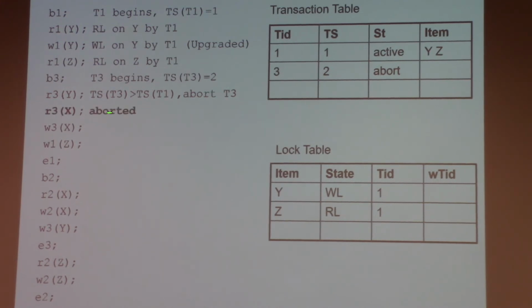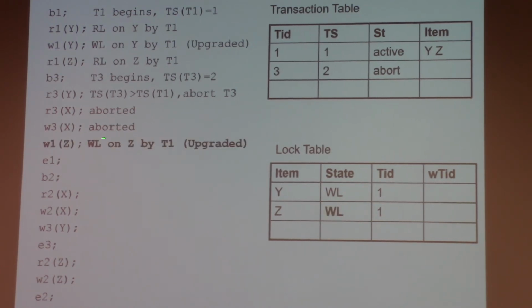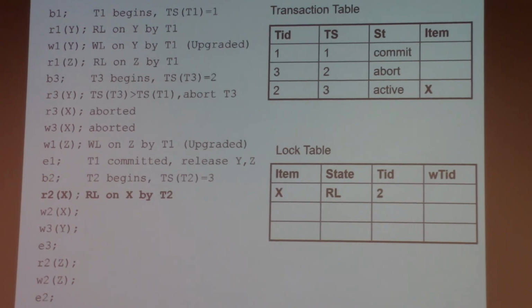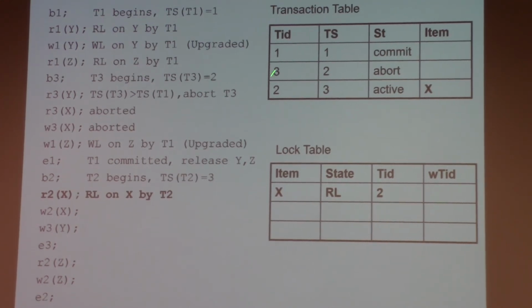Because transaction 3 is aborted, the consequent operations will be aborted automatically, and W1 might be no problem because it's the only transaction and it's committed, so you can update. There is no lock information in the lock table. Then when transaction 2 starts, there might be no problem because there's no lock. You can just update this one. Keep going.